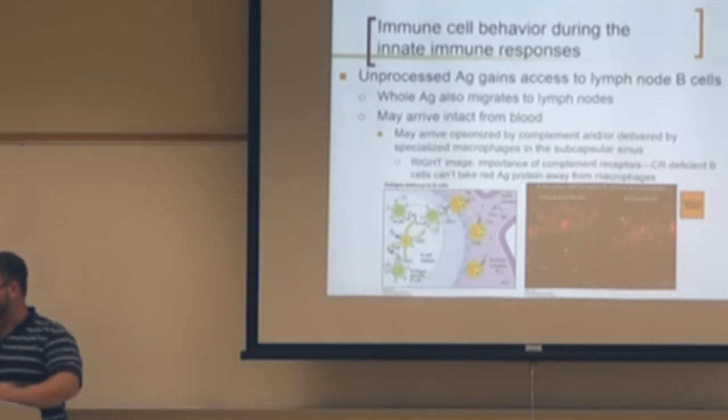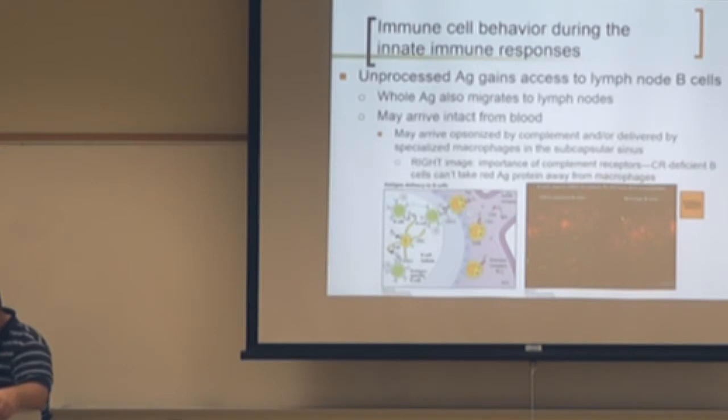Let's see this one. The B cells are green in this case, and the macrophages are red, and the macrophage that has this antigen is red.